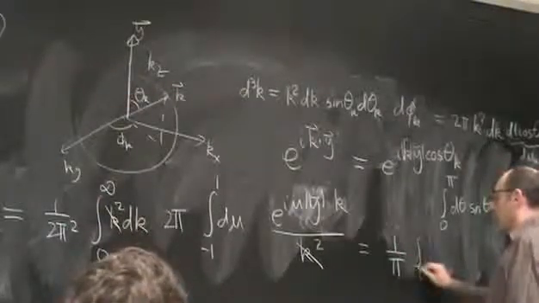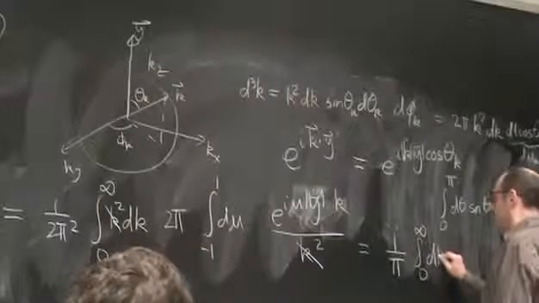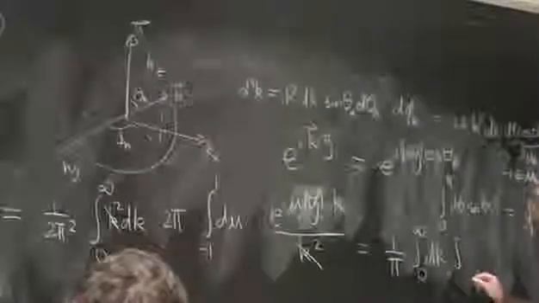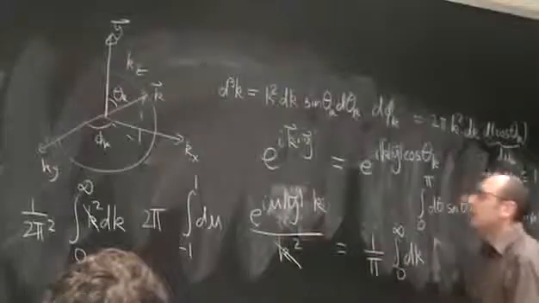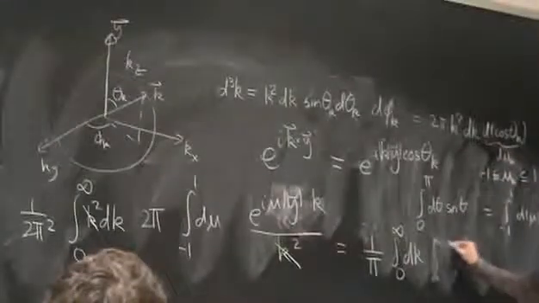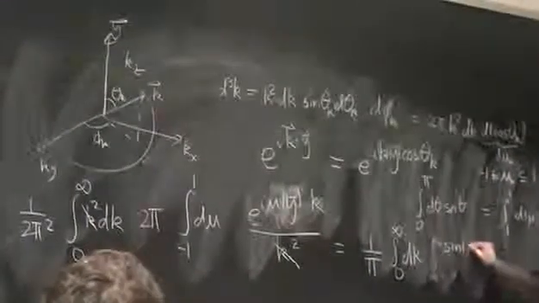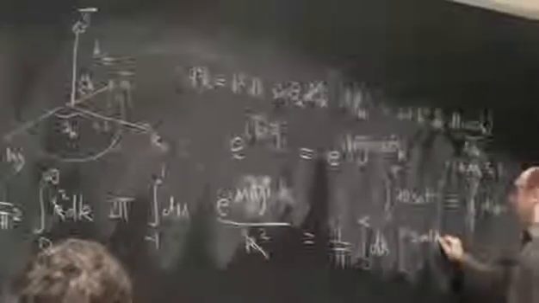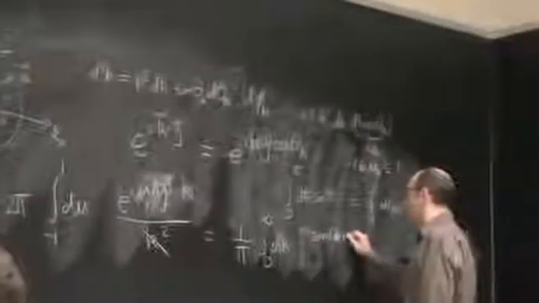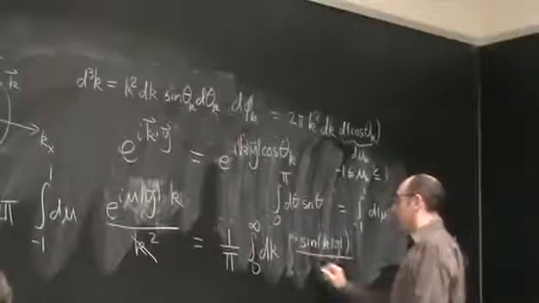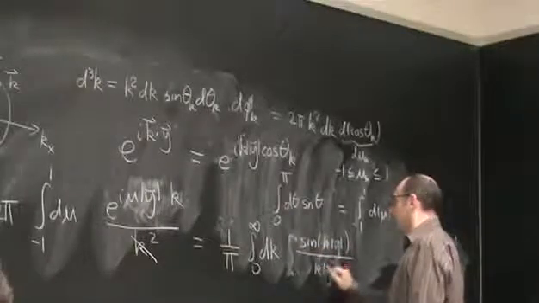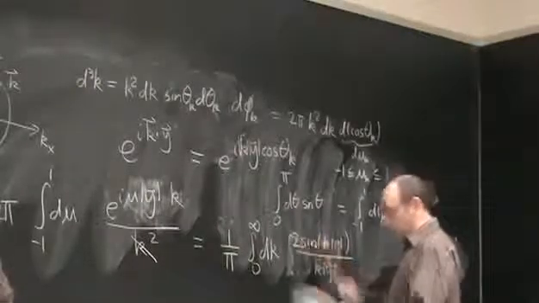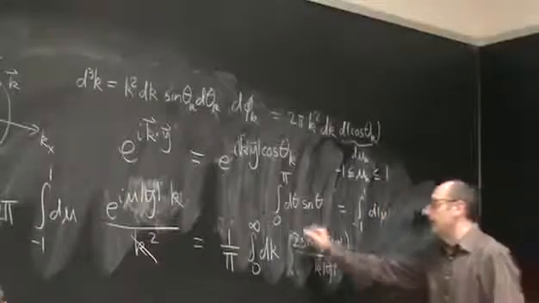The integral of k goes from 0 to infinity. The integral of this is equal to sine of k times the magnitude of y, divided by k times the magnitude of y, times 2.